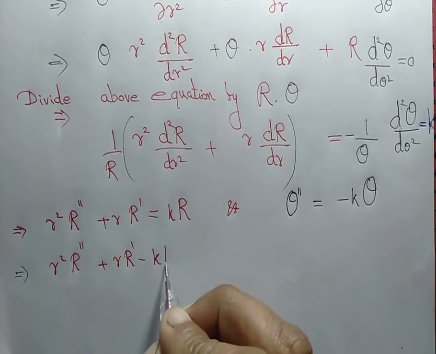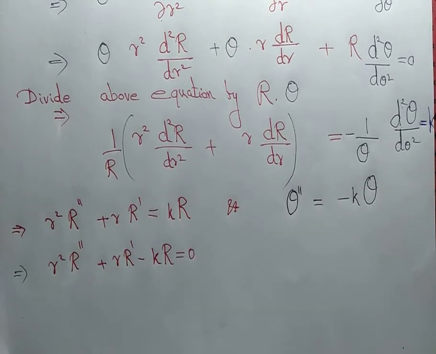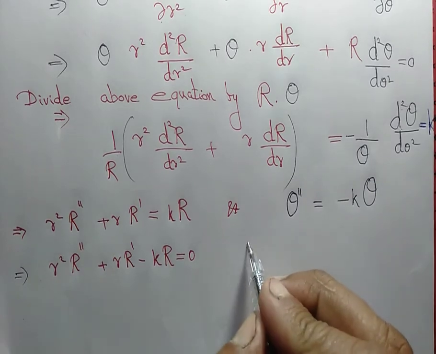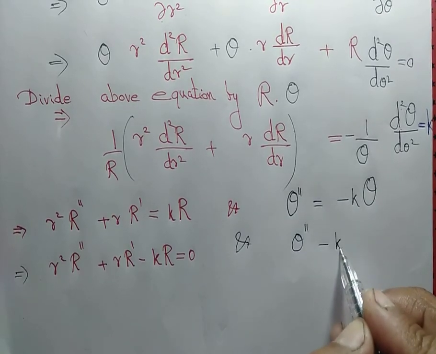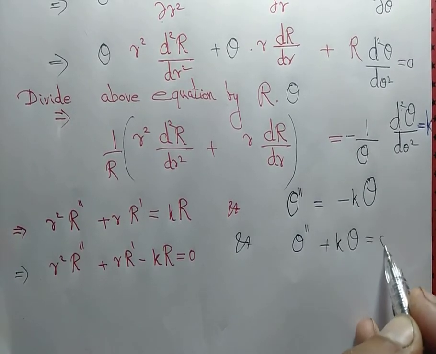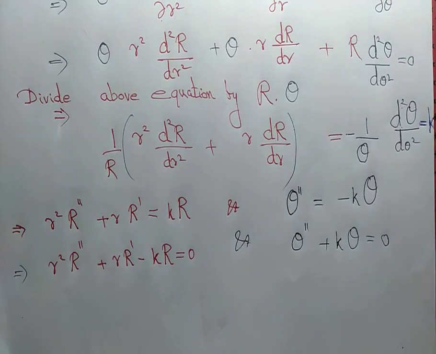The first one is a differential equation of order 2, and the second one is also a differential equation of order 2. Now, what if k were 0? And what if k were negative? And what if k were positive?